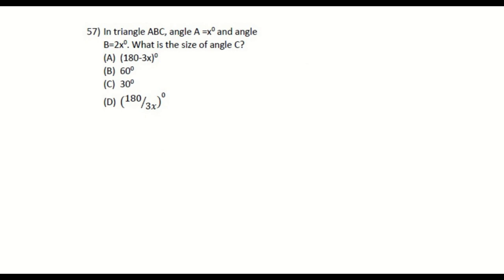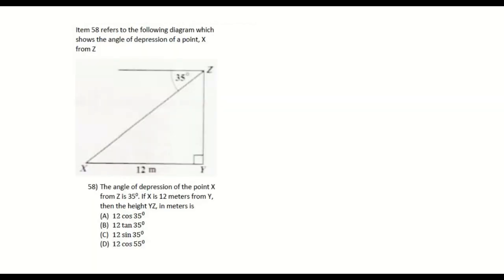This one, we just now did this question, but they use PQR or something along those lines, which is 180 minus 3x. Right, 58. They wanted to know YZ. Right, so we know that this here is 35. So if we use angle 35, this would be my adjacent and this would be my opposite.